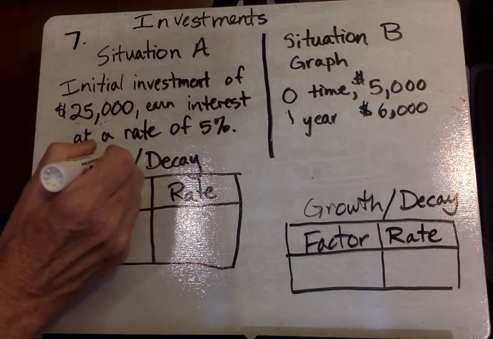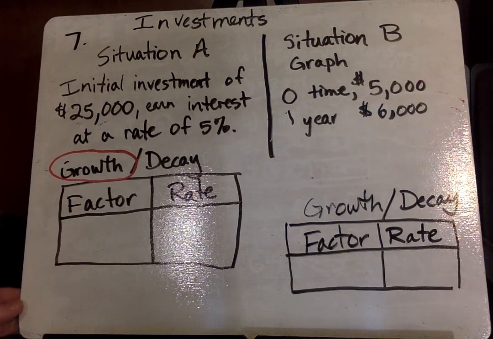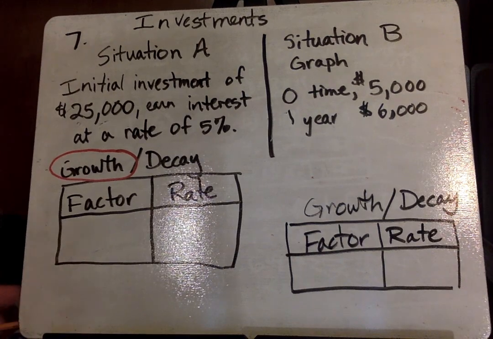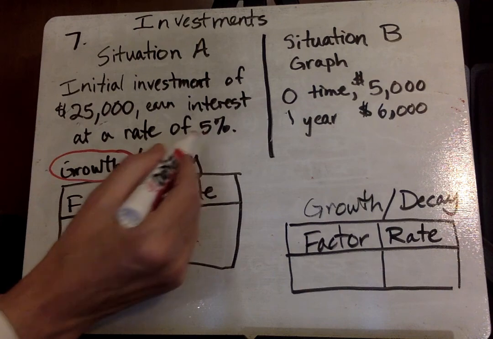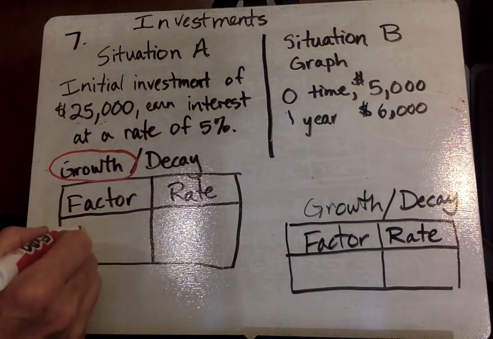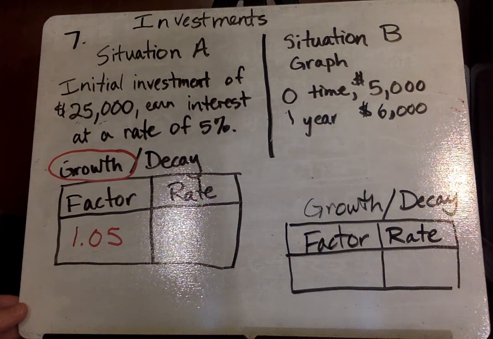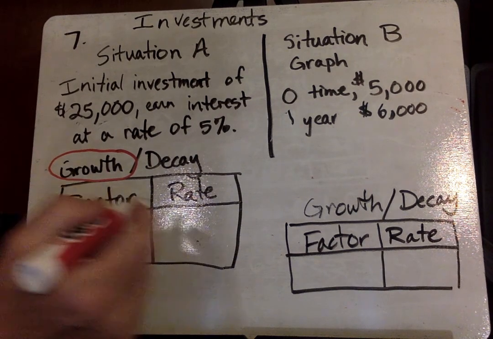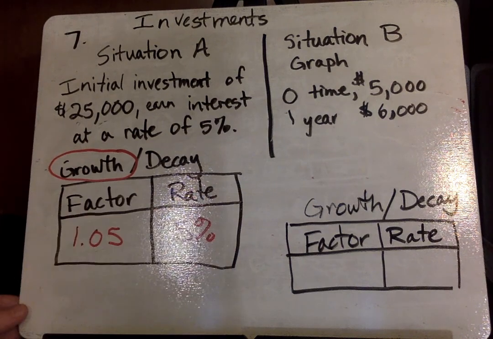Well, if you're earning money, it's a growth. So your factor is going to be, you add 100 to this, so it's 105%. But as a factor, it's 1.05. You move the decimal over twice. And the rate is 5%. It's straight across right there, so it's pretty easy to read.